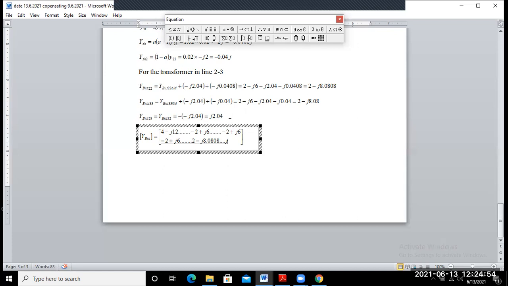Similarly, Y31 is the same as the previous one, that means minus 2 plus j6.